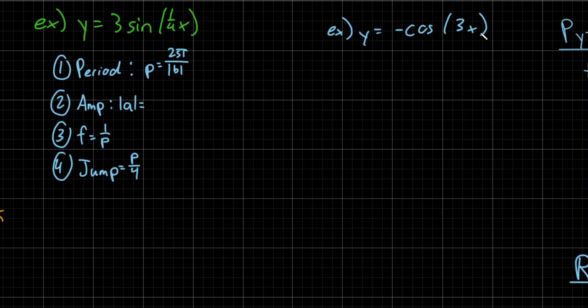The most important things on these are period and the jump. The amplitude is just a quick check and frequency is a check. Can this be simplified more?